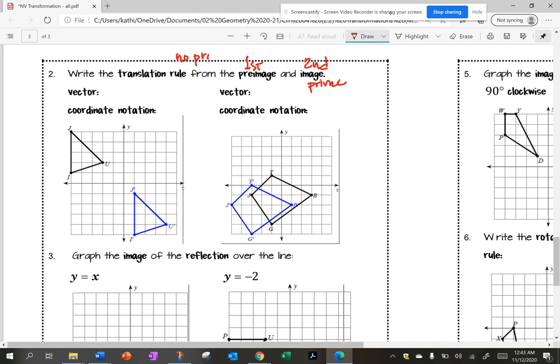So that's how I tell the difference. So looking at my diagrams, my primes are on the blue ones. So I know my vector goes in this direction.